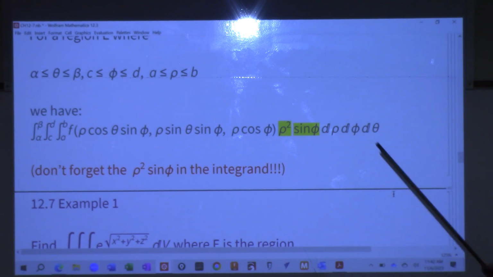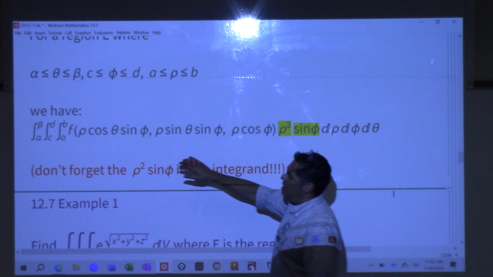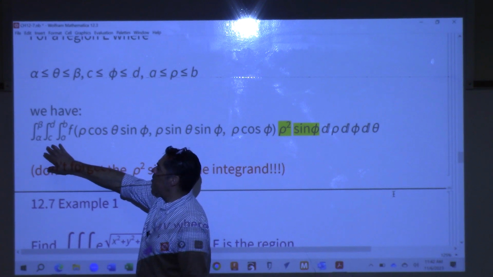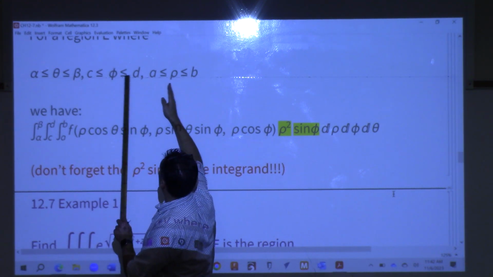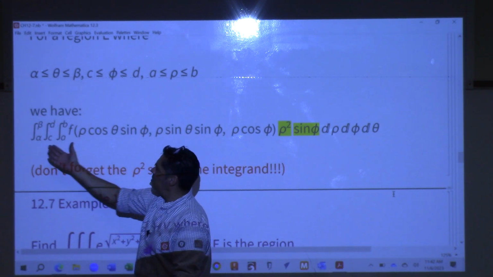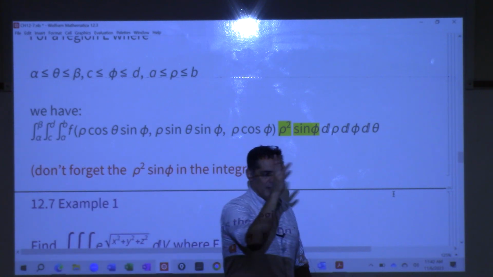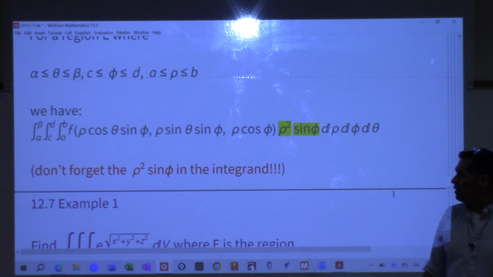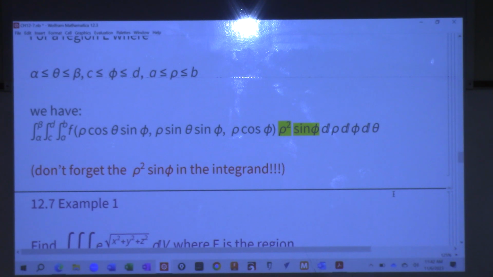And then here the order of integration doesn't matter, because the spherical region I'm looking at, everything's between constants. So we just change that order if you want. Just can't forget to put the rho squared sine phi.